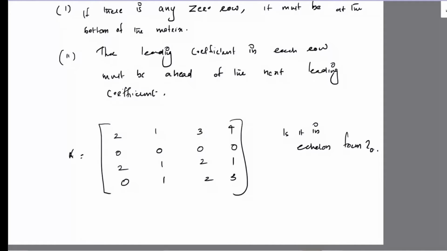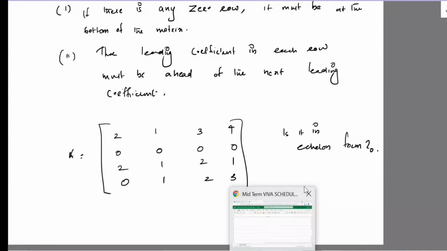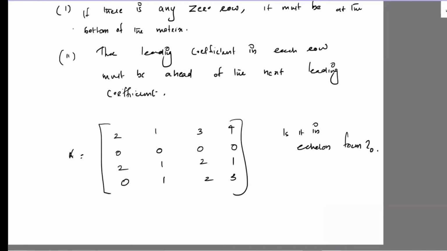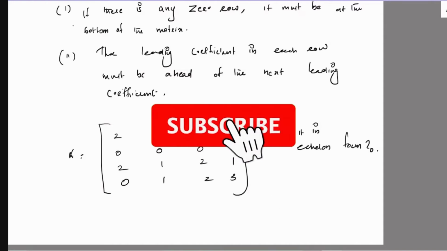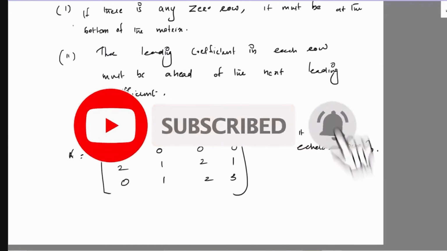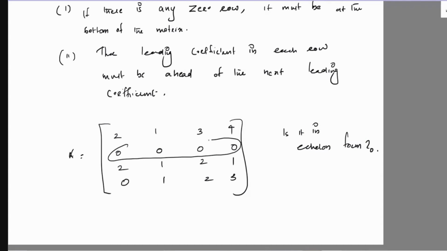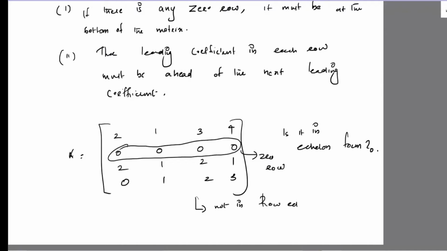No, sir. It is not in echelon form because it doesn't satisfy the first condition. The first condition says if there is any zero row, it must be at the bottom of the matrix. You can see that the second row is a zero row, but it is not at the bottom of the matrix. So it is not in row echelon form.